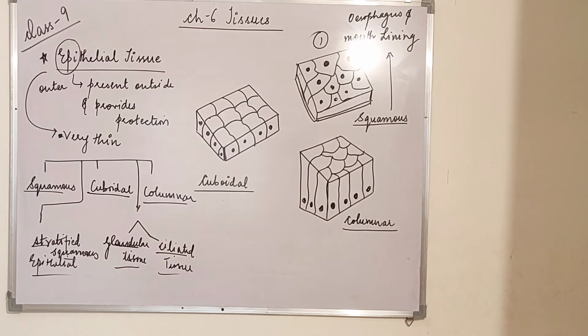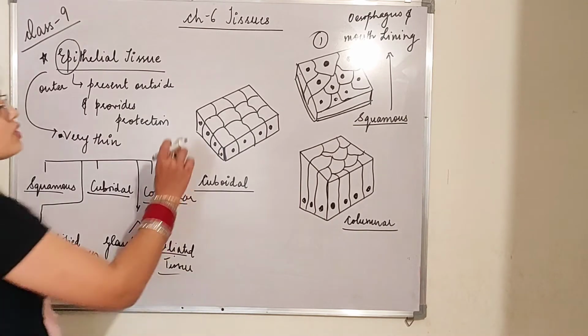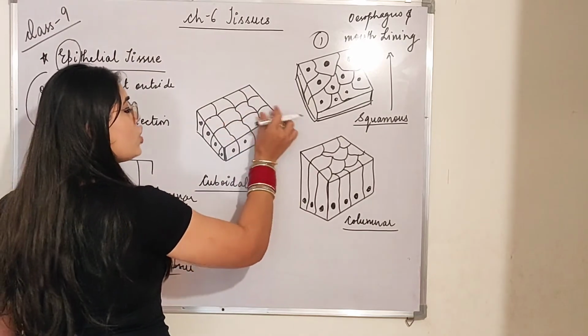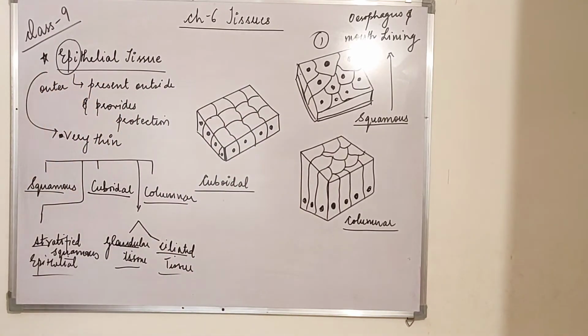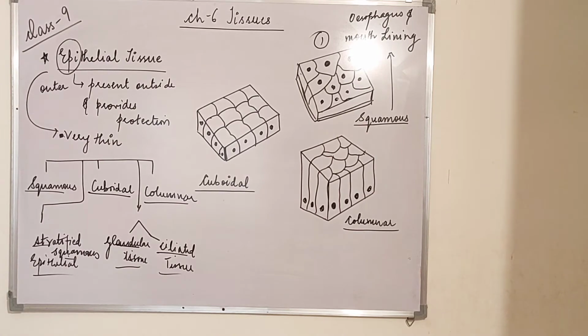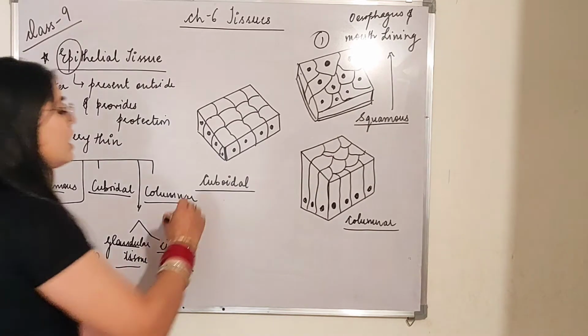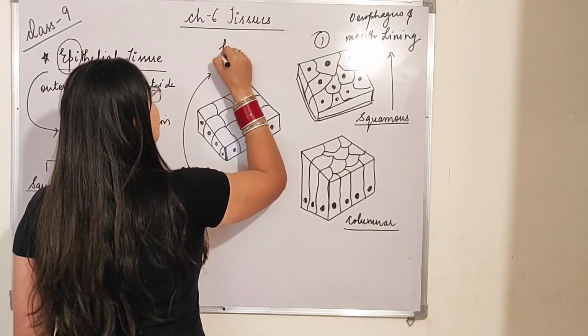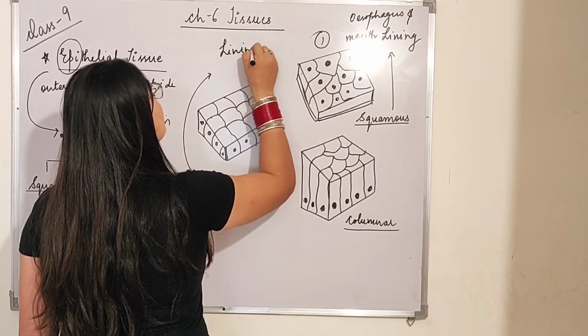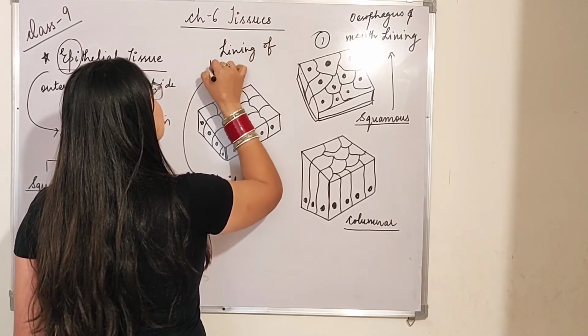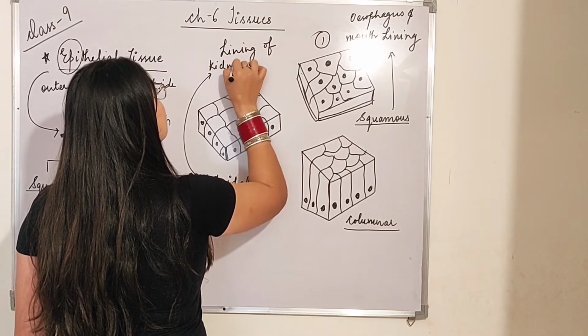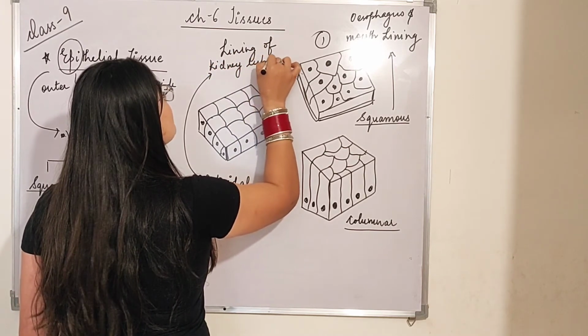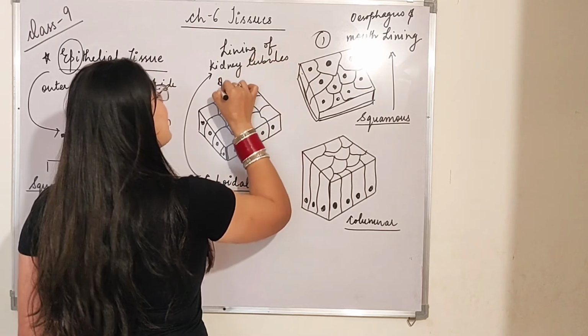So cuboidal epithelial, like you can see, there are cubes formed here, beta. Cubes are present here, right? So these cubes, that means cuboidal epithelial, they line the kidney tubules and the salivary glands. They are present in the lining of kidney tubules and salivary glands.